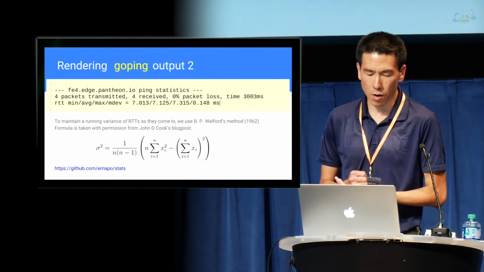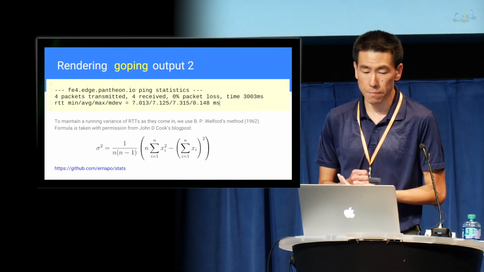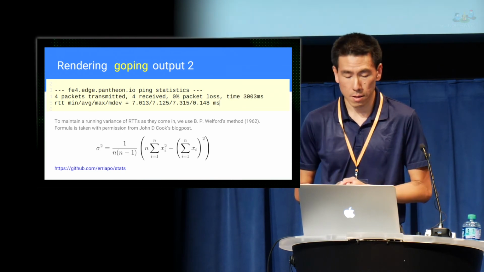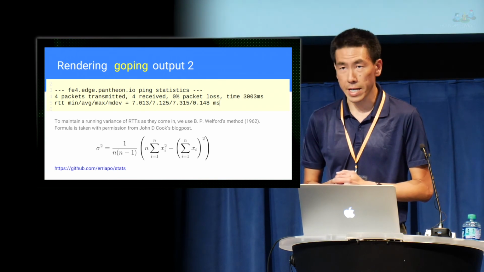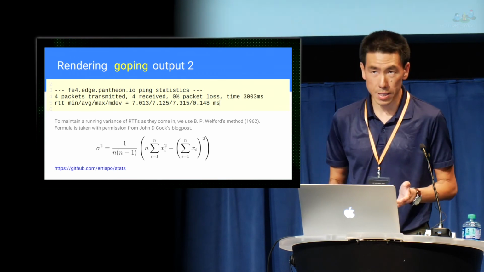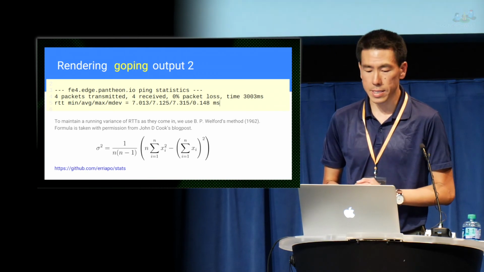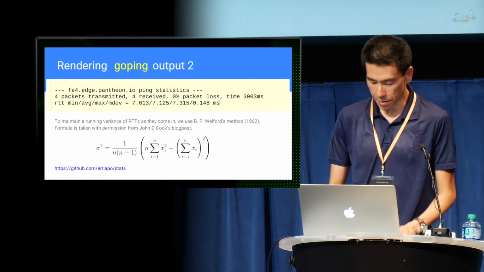If you use the formula taught in statistics, sometimes you may get a negative variance, which shouldn't happen. So I wrote a little package here, the stats package, which is an implementation of that method.